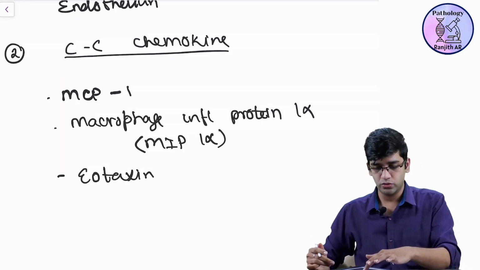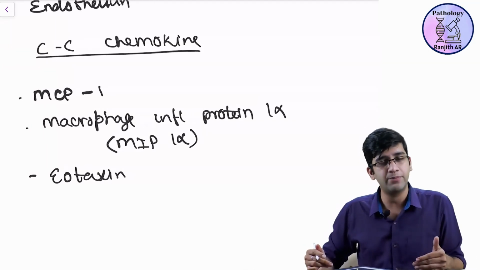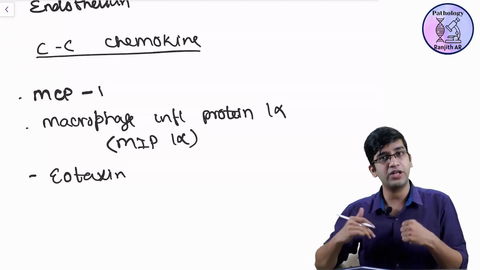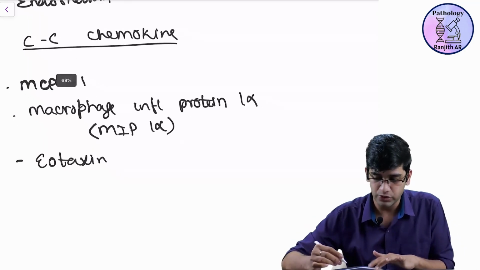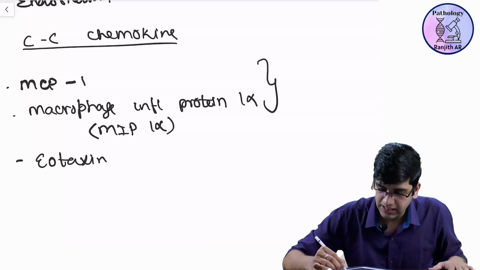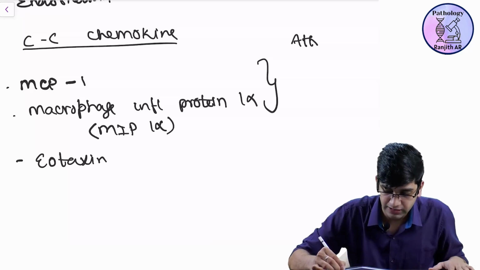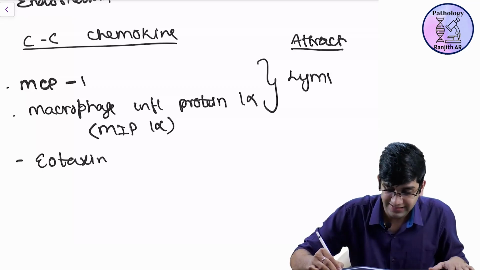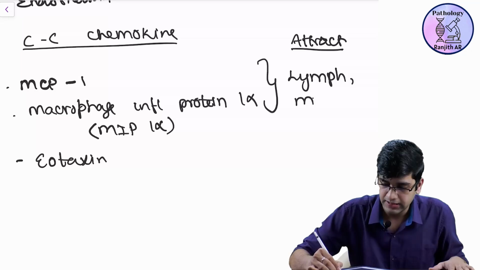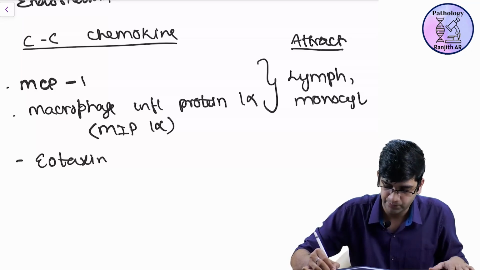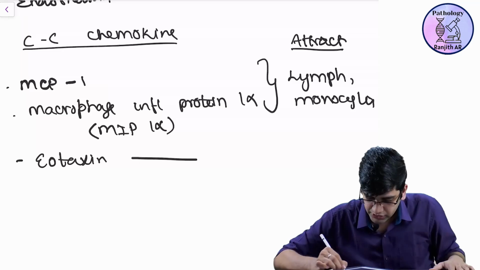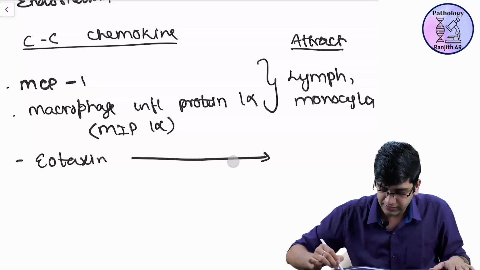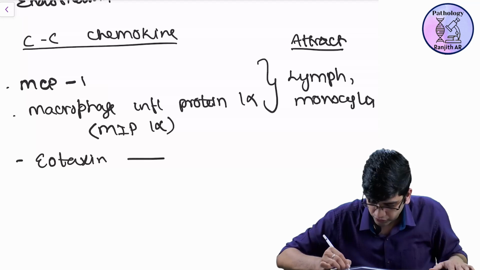The first two, monocyte chemoattractant protein 1 and macrophage inflammatory protein 1 alpha, are the chemical products in this group of chemokines. They're going to attract, as the name says, lymphocytes and monocytes. This eotaxin is going to attract eosinophils.